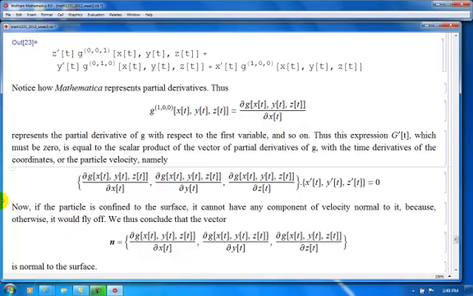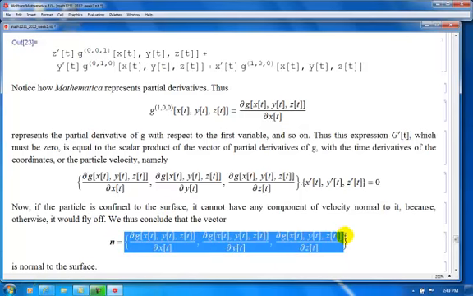So the scalar product of the vector of partial derivatives with the velocity is zero, so it is perpendicular to the velocity. If the particle is confined to the surface, it's not allowed to have any component of velocity normal to it because it would fly off. So we can conclude that the vector n, which is equal to the vector of partial derivatives, is the normal to the surface at that point.